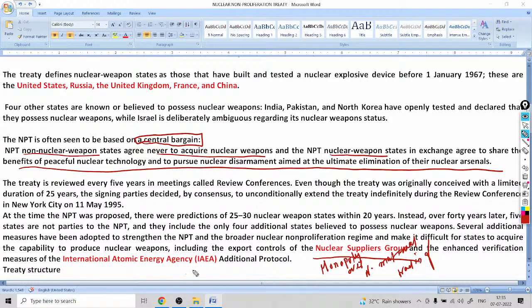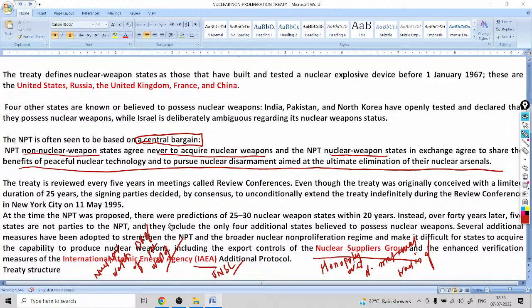And the IAEA, functioning under the UNSC, the United Nations Security Council, is the nuclear watchdog of the world. So this acts as the nuclear watchdog of the world.